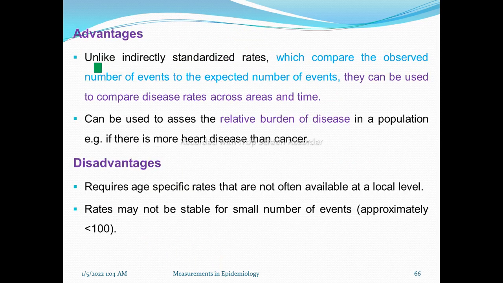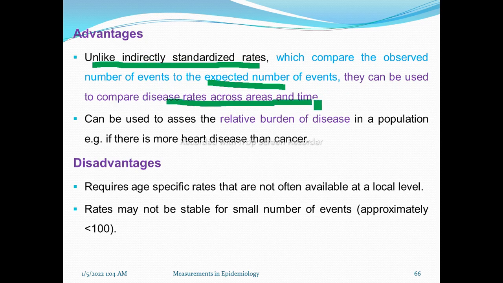The advantage of direct standardization is that, unlike indirectly standardized rates, which compare the observed number of events to the expected number of events, it can be used to compare disease rates across areas or time, and to assess the relative burden of disease in the population. Example, if there is more disease than cancer.